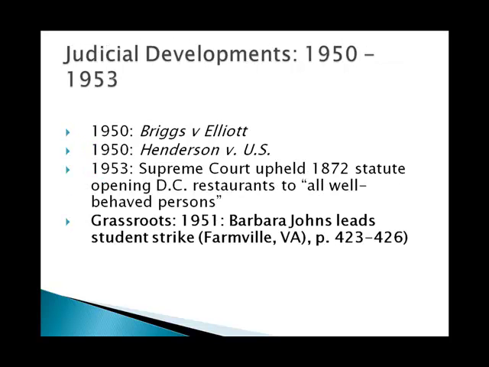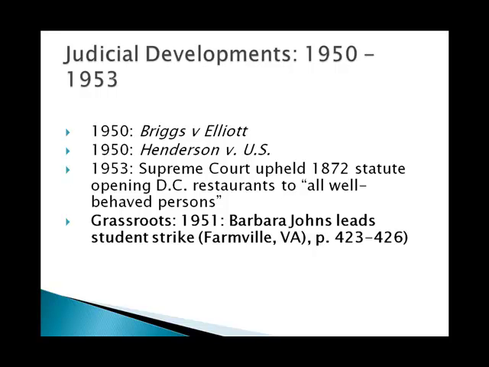Now, the judicial developments from 1950 to 1953, the developments that will lead, in effect, to the Brown decision. In 1950, you have Briggs v. Elliott, the first legal challenge to elementary school segregation in the South. This case will eventually be folded into the Brown versus Board of Education case.